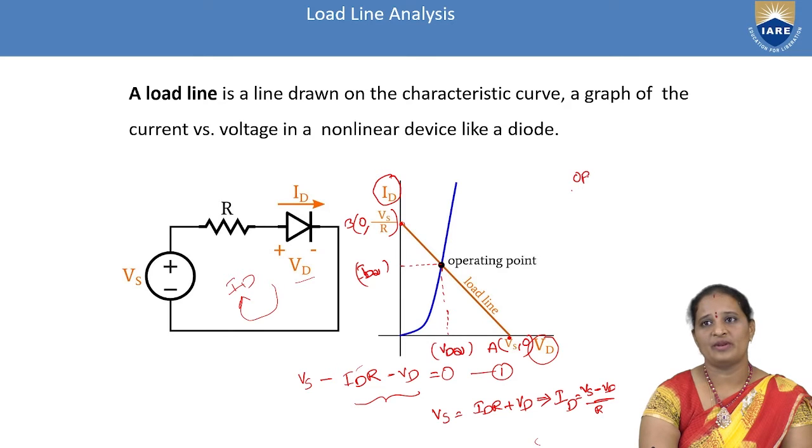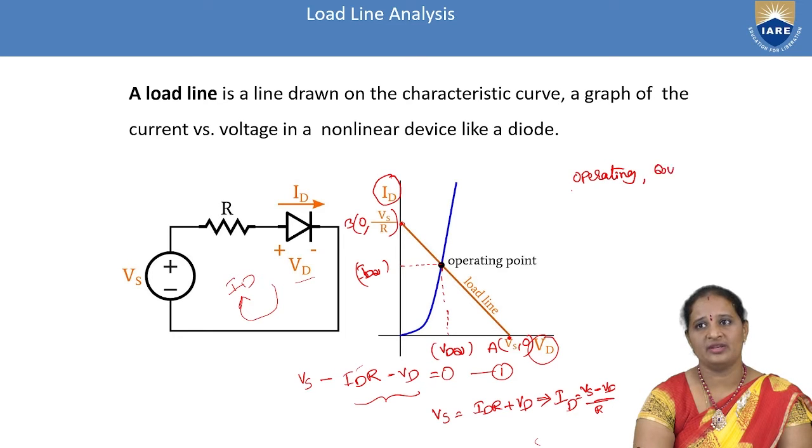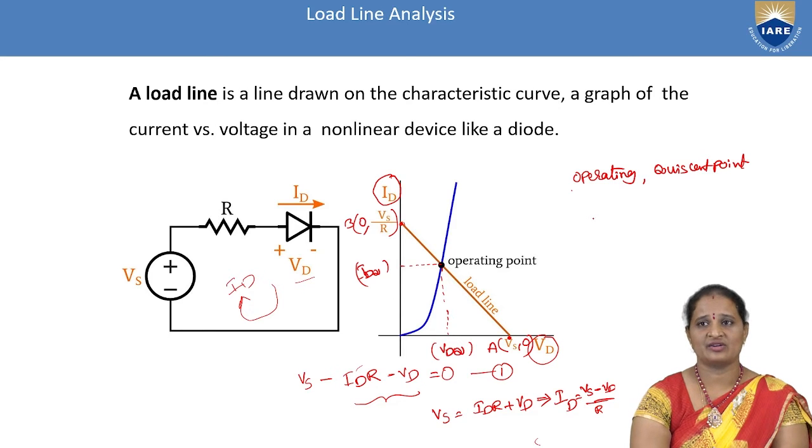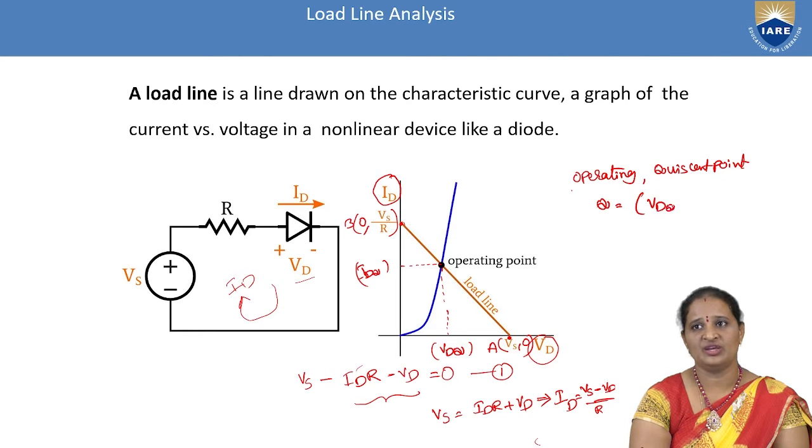This operating point is also known as the quiescent point, which is the intersection of the load line with the VI characteristics of a nonlinear device, represented by Q, which is given by VDQ, IDQ.